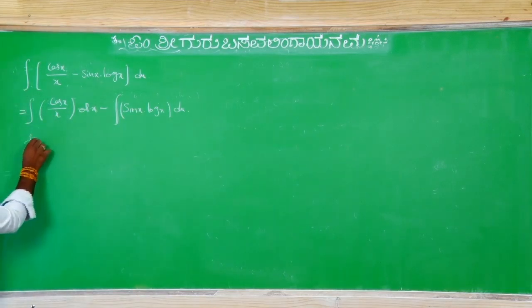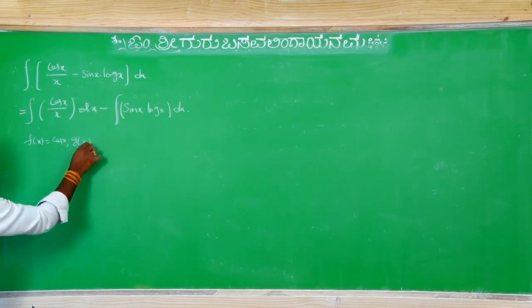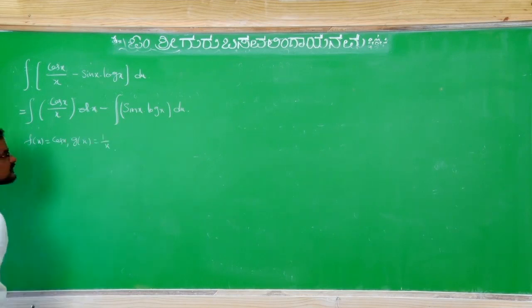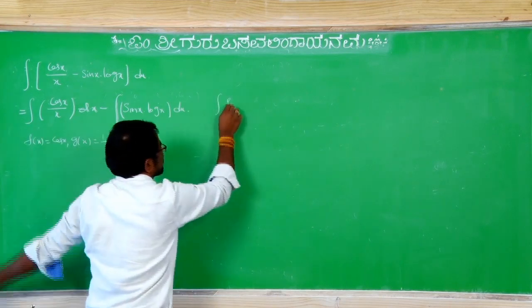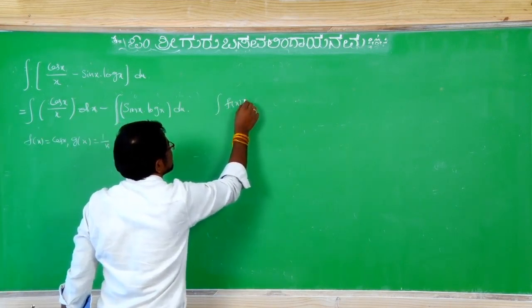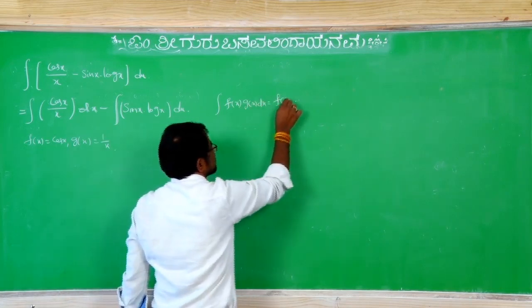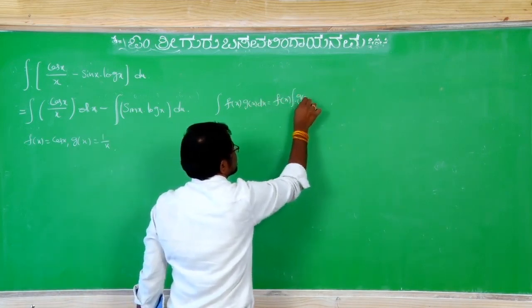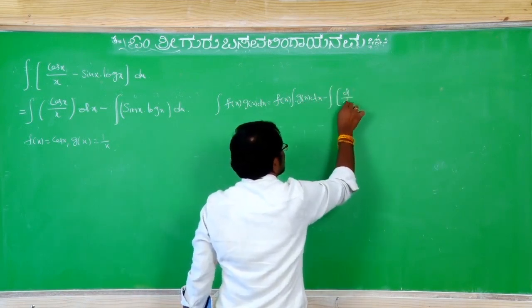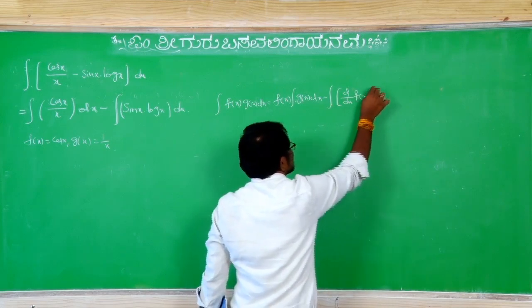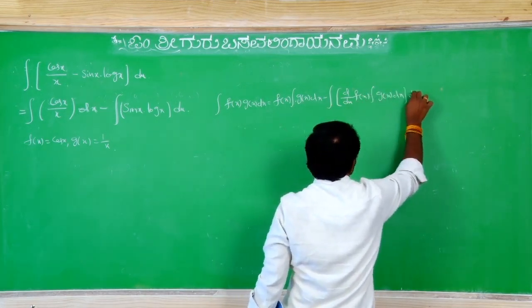Here you take f of x equal to cos x, g of x equal to 1 by x. Now what is the by parts formula? Integration of f of x g of x dx equal to f of x integration of g of x dx minus integration of d by dx of f of x, integration of g of x dx whole, into dx, like this.